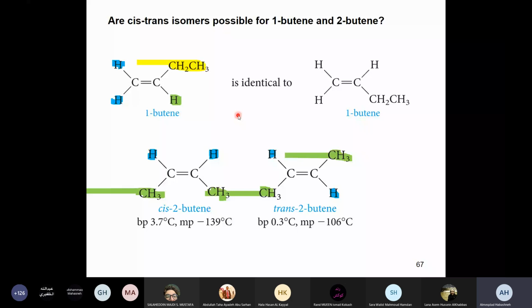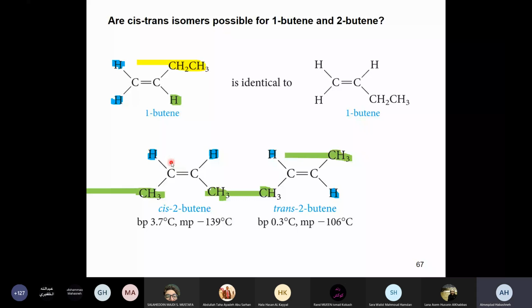لكن إذا جيت على 2-butene، let us check whether is it stereogenic center or not. This carbon is connected to hydrogen and methyl. This carbon also is connected to hydrogen and methyl, which are different. So this double bond is a stereogenic center, and the 2-butene can have cis-trans isomers.